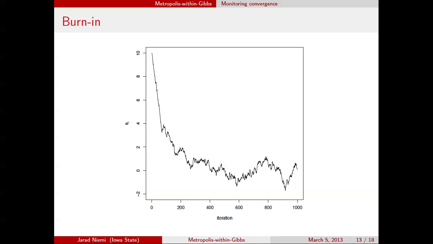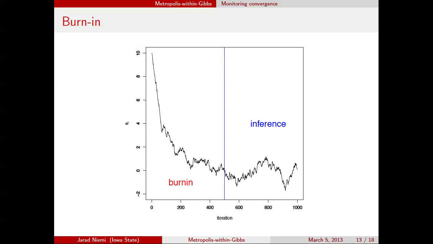We're sort of getting somewhere, and then we get down to here, and then maybe things steady out at this point. So what we do typically is pick some point, in this case iteration 500, and we call everything that happened before this burn-in. Everything after that time point is what we actually use to perform inference.